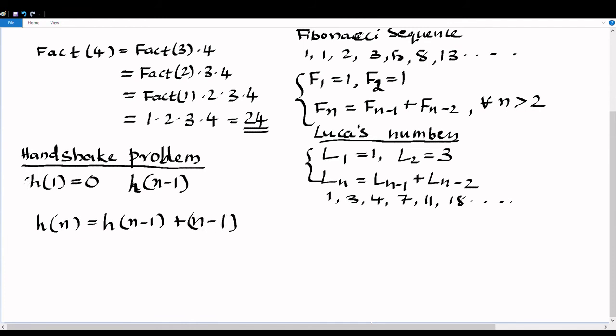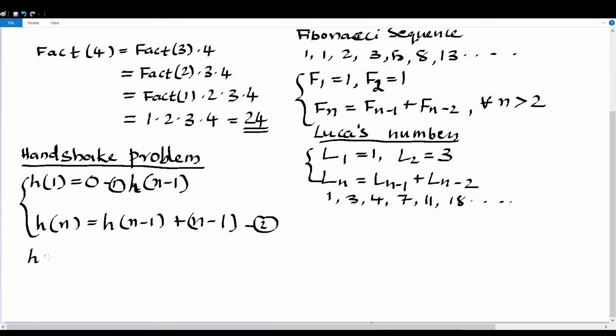So, using these two equations, that is h of 1 equal to 0 and h of n equal to h of n minus 1 plus n minus 1, the first is the initial condition and the second is the recursive formula. We can find h of n at a particular n.